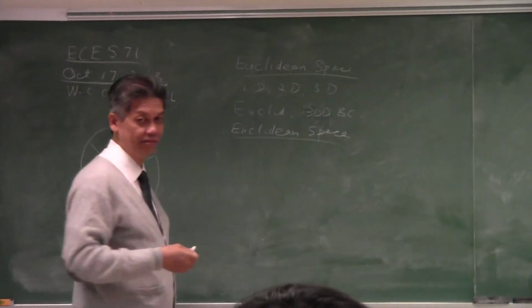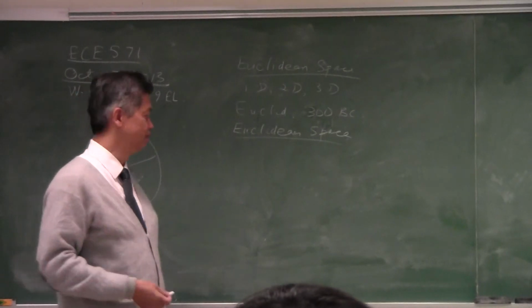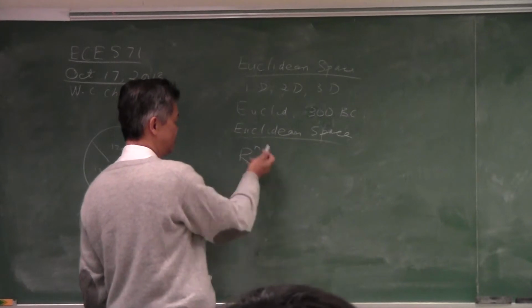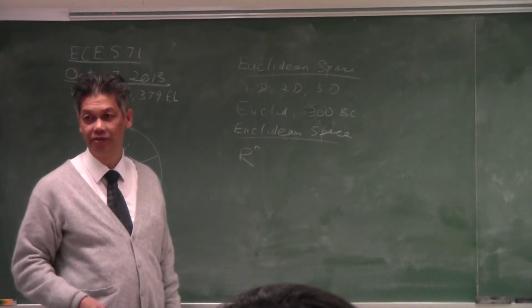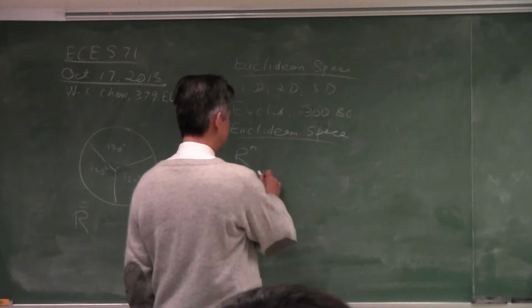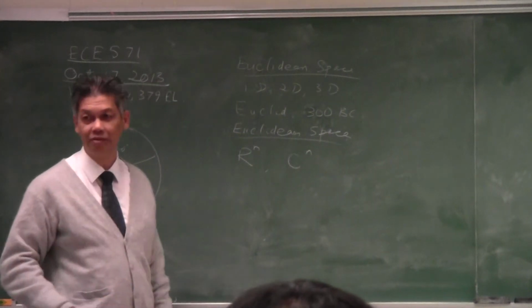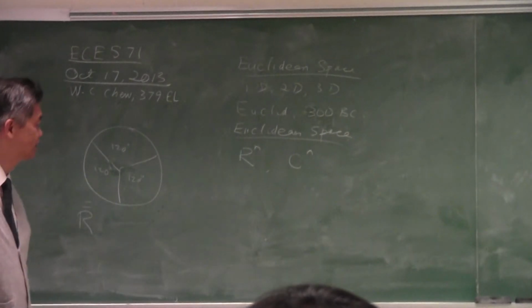Then you can define 1, 2, 3 vectors, and people go to n dimension, and we call the space Rn if you use real numbers. N-dimensional space, and then you call those spaces Cn if you use complex numbers to form the vectors. Those are the Euclidean spaces.